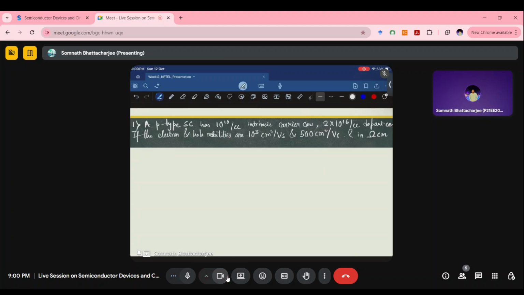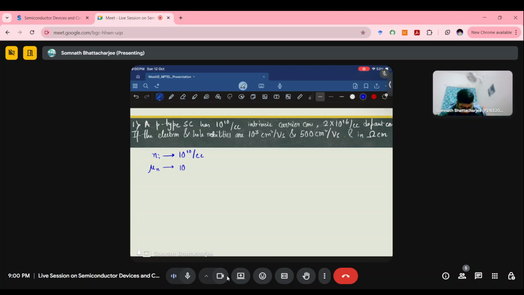So what they have given is Ni as 10 to the power of 10 per cc, mu n as 10 to the power of 3 centimeter square per volt second, and mu p as 5 into 10 to the power of 2 centimeter square per volt second. We need to find the value of rho.